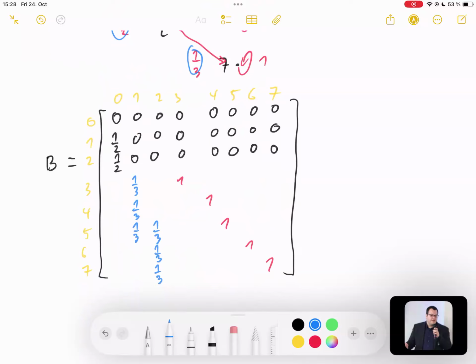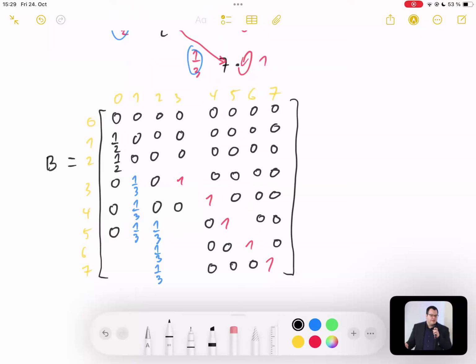And all the other entries are 0, so we can just put them all to 0. I hope I don't miss any zeros, but it's all well typed in the slides.